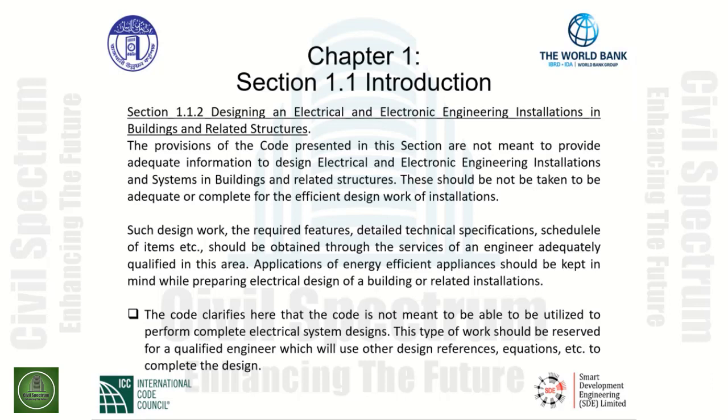These should not be taken to be adequate or complete for the efficient design work of installations. Such design work, the required features, detailed technical specifications, schedule of items, etc., should be obtained through the services of an engineer adequately qualified in this area.